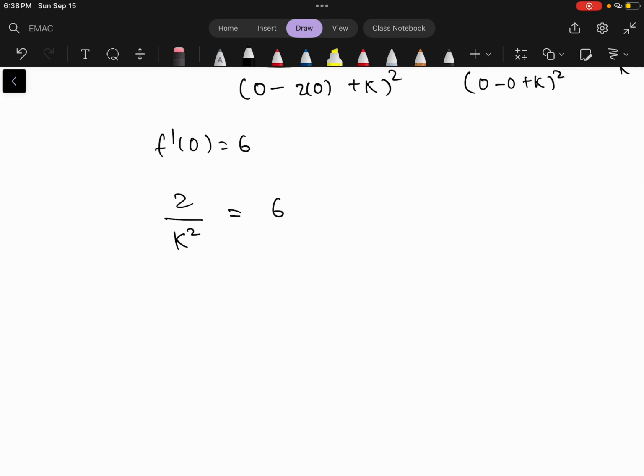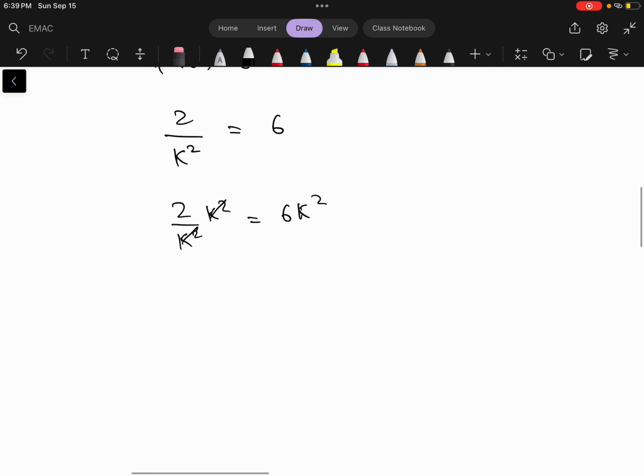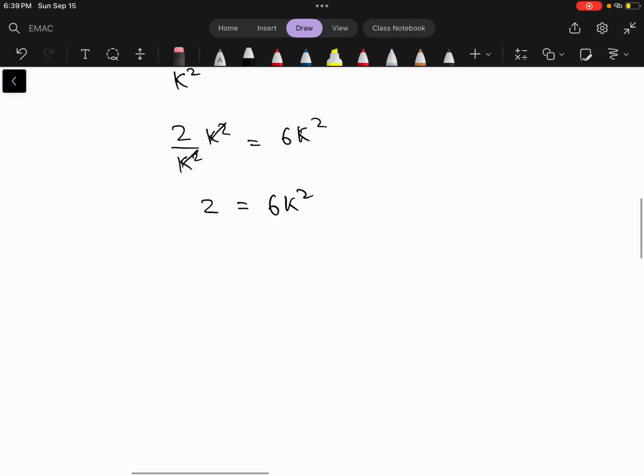We multiply both sides by k squared. The k squared cancels out on the left-hand side, and we have 2 equals 6k squared. Now we divide both sides by 6. The 6's cancel out on this side, and 2 over 6 is 1 over 3.